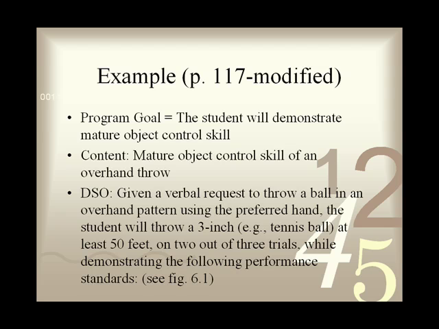Now in the book, they give you all these standards that help the teacher assess if a student is performing the skill correctly. Again, we have to think about this when we're developing lessons and objectives, because our objectives should drive our lessons.